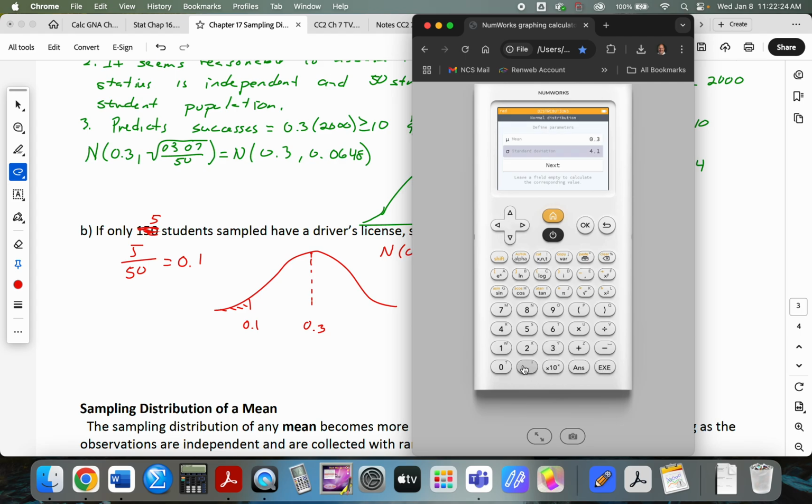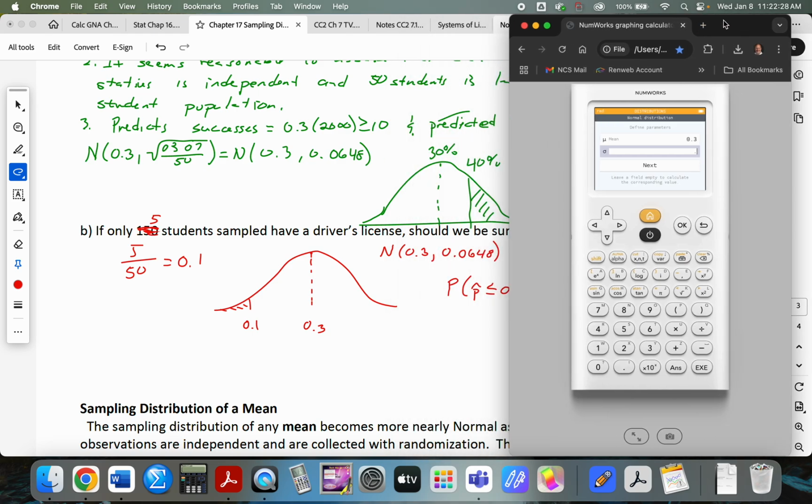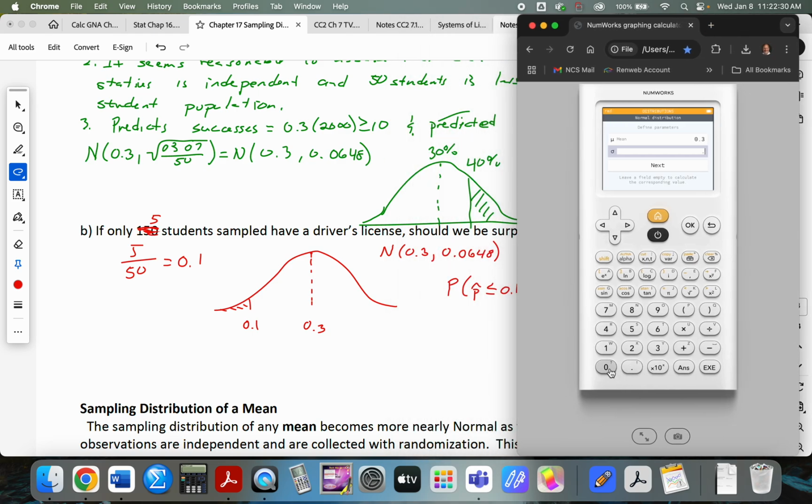The standard deviation is 0.0648. I want the probability that this is less than or equal to 0.1. And that's 0.001.